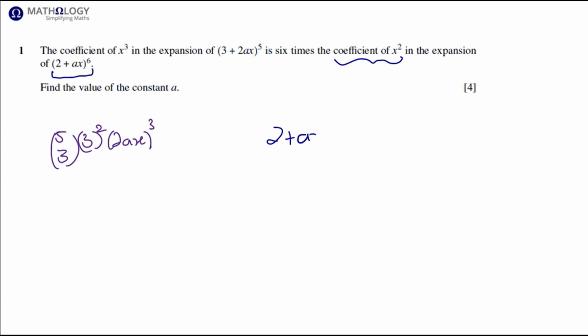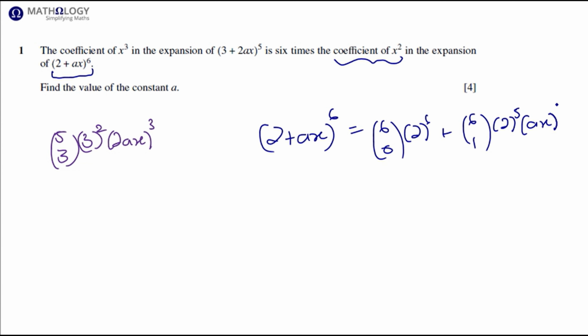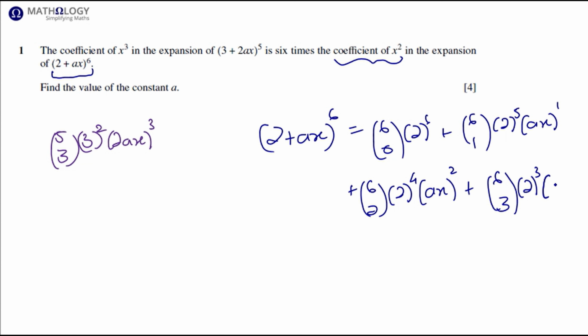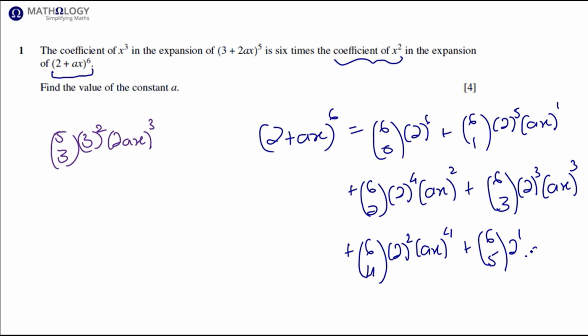So (2 + ax)^6 equals 6 choose 0 times 2 to the 6, plus 6 choose 1 times 2 to the 5 times ax to the 1, plus 6 choose 2, 2 to the 4 times (ax) squared, plus 6 choose 3 times 2 cubed times (ax) cubed, plus 6 choose 4 times 2 squared times (ax) to the 4, plus 6 choose 5, 2 to the 1 times (ax) to the 5, plus 6 choose 6 (ax) to the power of 6.